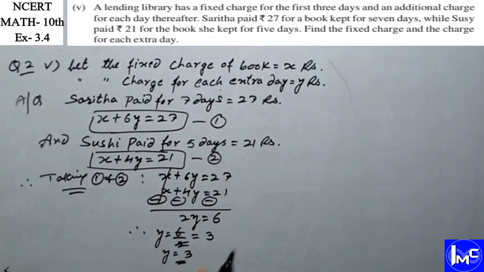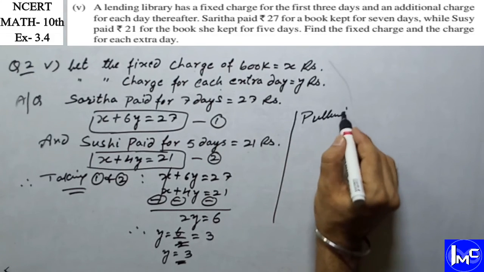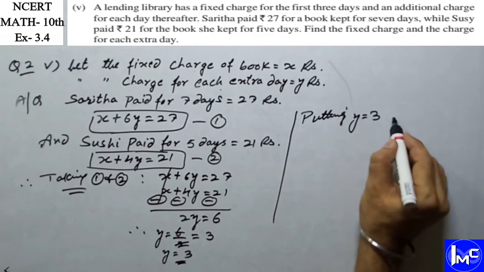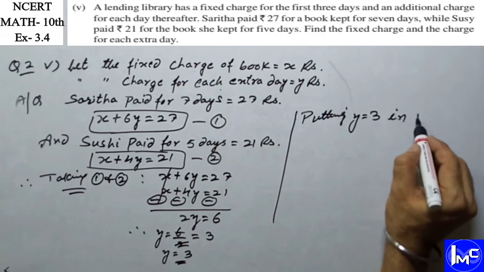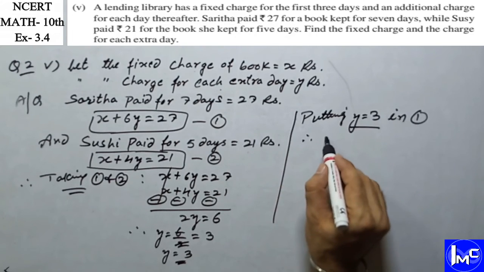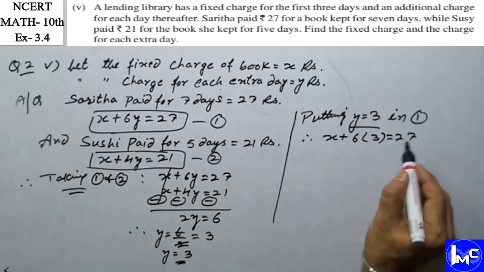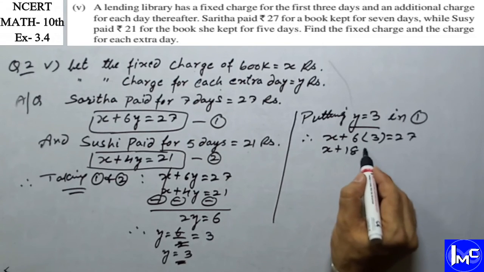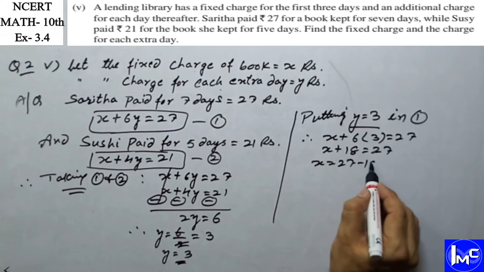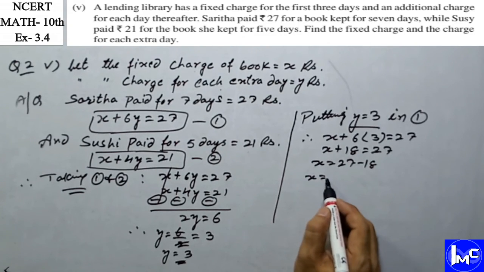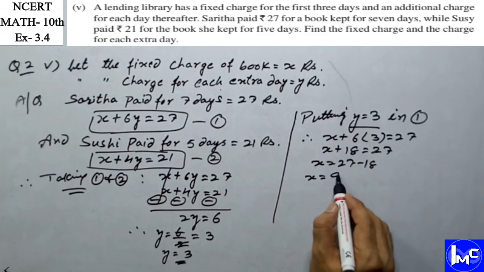And by substituting this y, putting y is equal to 3 in any of the equations, let us see in equation 1, x plus 6 into 3, that will be 18, is equal to 27, x is equal to 27 minus 18, and x is equal to 9 here.